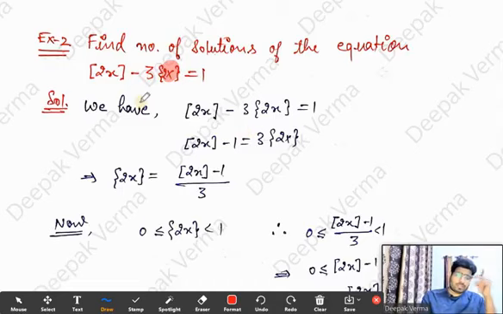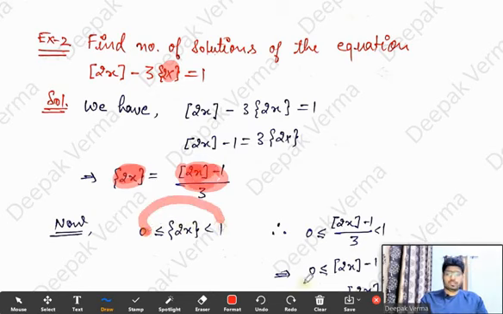Why are we doing so? Since we know that fractional part lies between 0 and 1, when we are able to separate fractional part of 2x, this will be something like fractional part of 2x equals to right hand side. And since fractional part lies between 0 and 1, from here we can say right hand side also lies between 0 and 1.